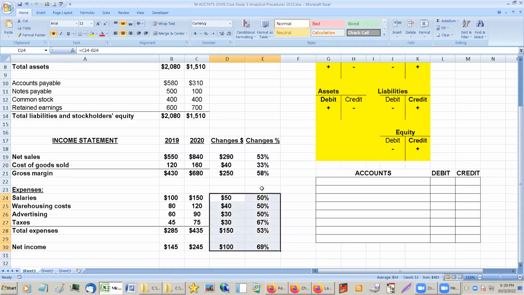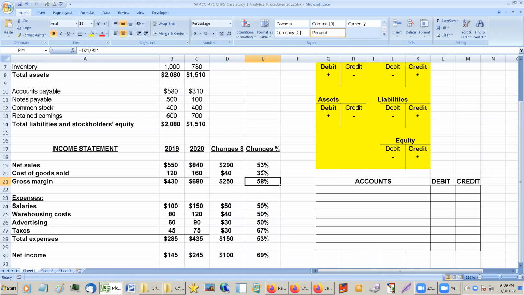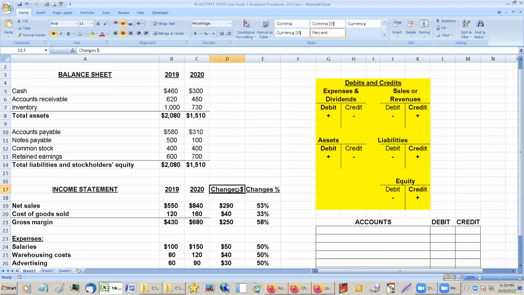They increase around 50%. So there is a possibility that this place just had a really good year. Okay, so let's go up to the top here and do the same analysis on the balance sheet.